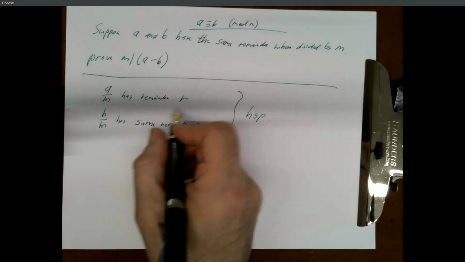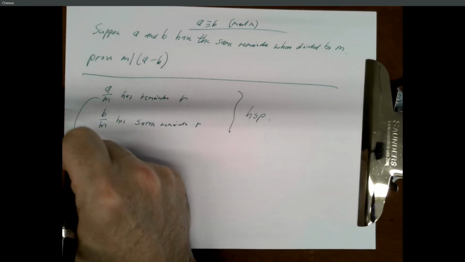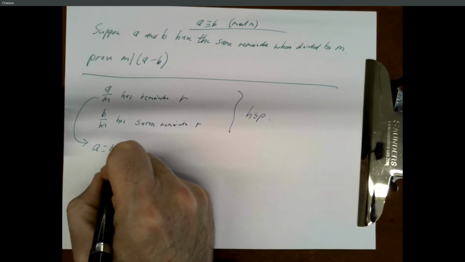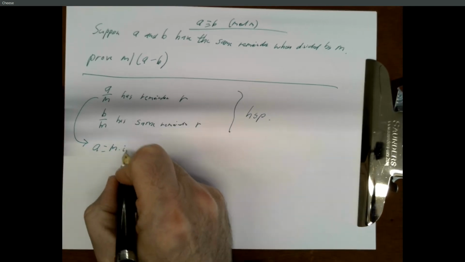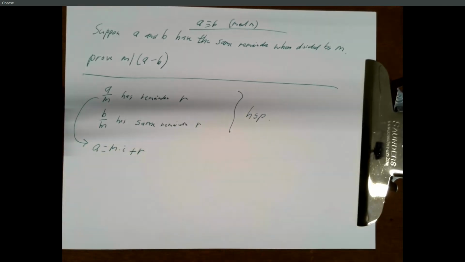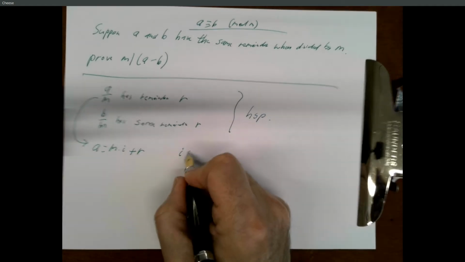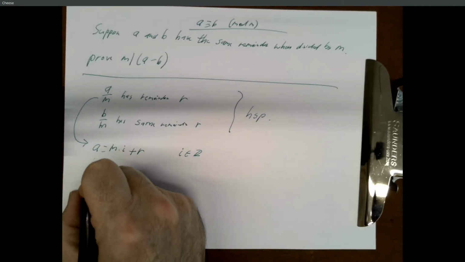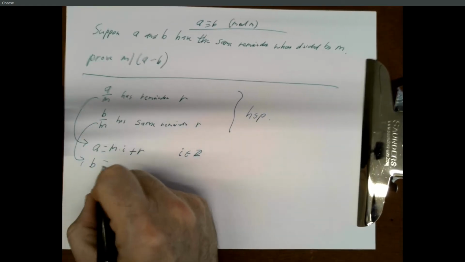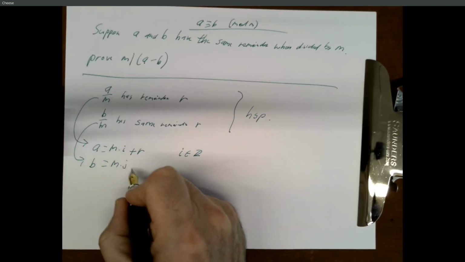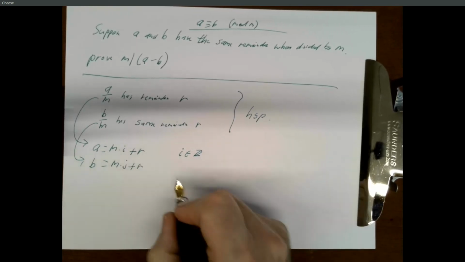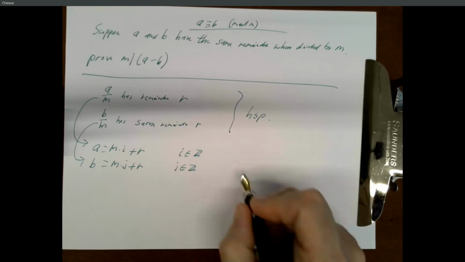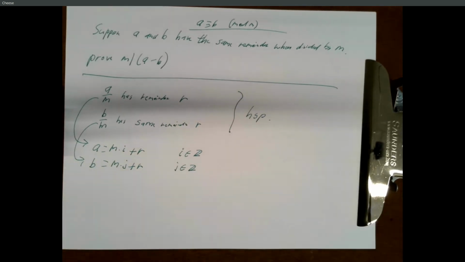Well, to say that a divided by m has a remainder r means a is equal to m times some integer i plus r. And this second statement is saying that b is equal to m times some possibly different integer j plus r. All right, so that's the definition of dividing and having a remainder.